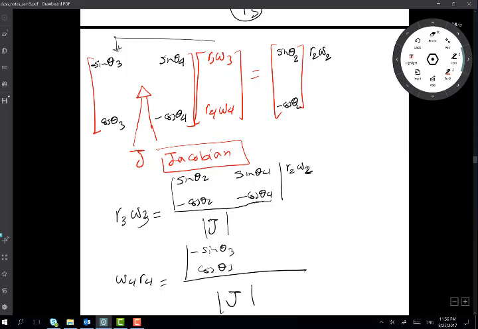I'm not going to touch that because it has nothing to do with 4. But 4 has the other column, where they replace it by the right hand side.